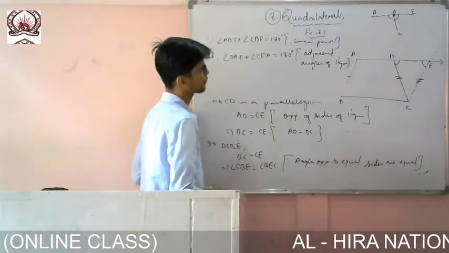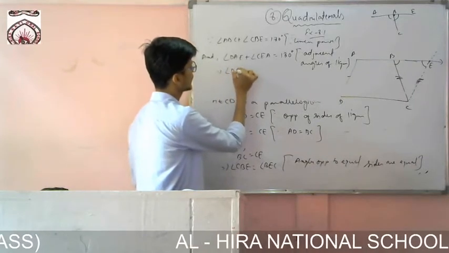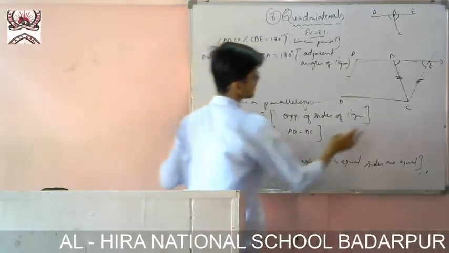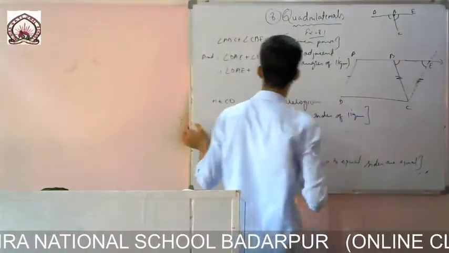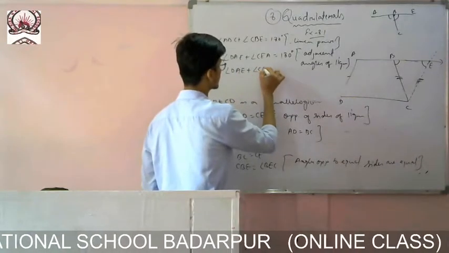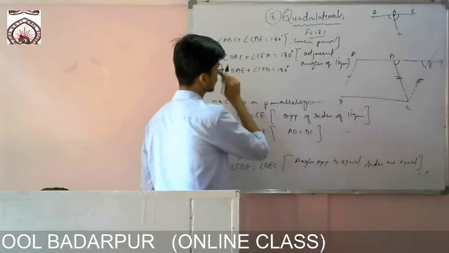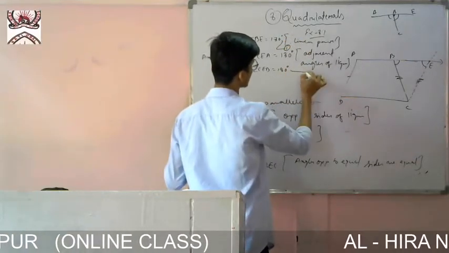Now okay, DAE, let it be. You just change one thing. CEA and CEB are the same thing, so I can write angle DAE plus angle CEB is equal to 180 degrees. Give this as equation number 1 and this one as equation number 2.